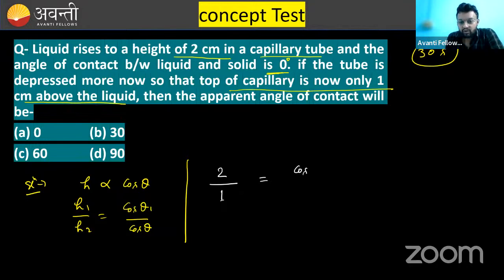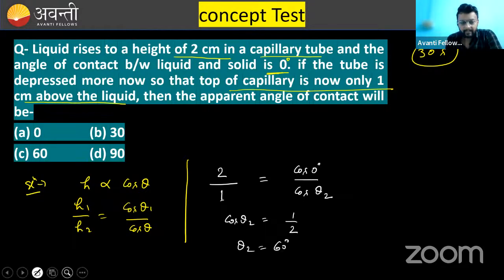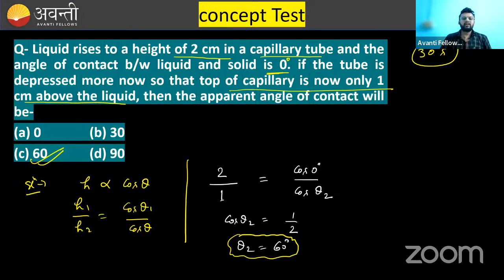The initial angle of contact is cos 0, and the final angle of contact is asked. Cos 0 is 1, so cos theta 2 is 1 by 2. So theta 2 is cos inverse 1 by 2, which is actually 60 degree. The options are 0, 30, 90, 60, so the correct option is C.